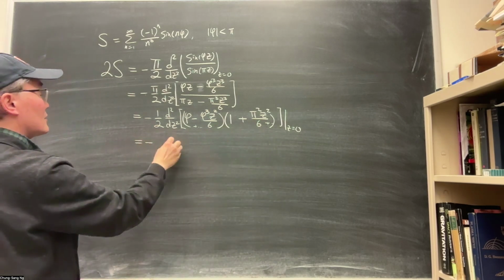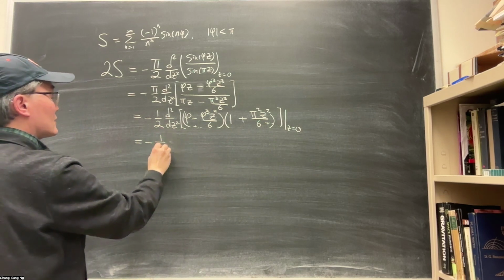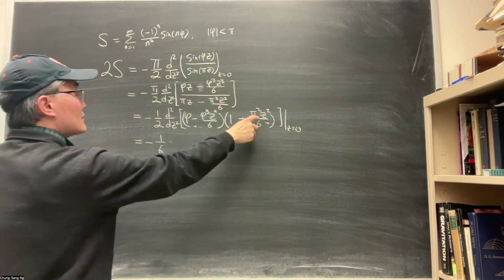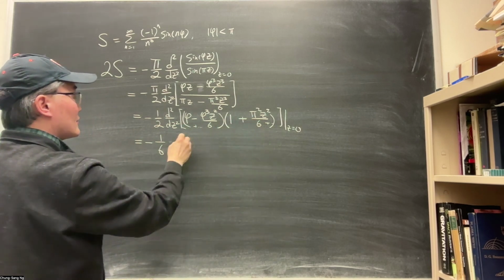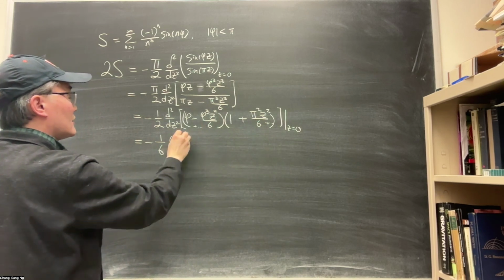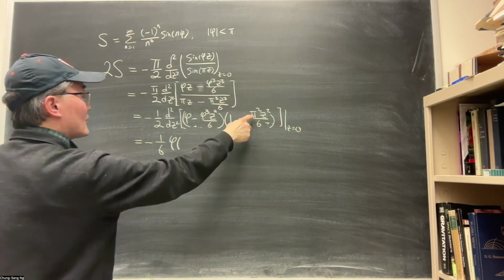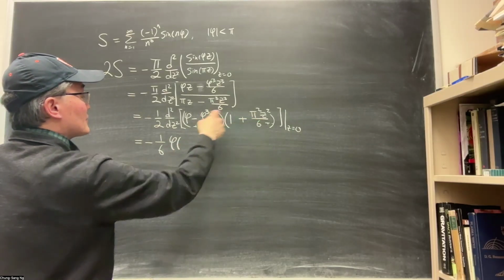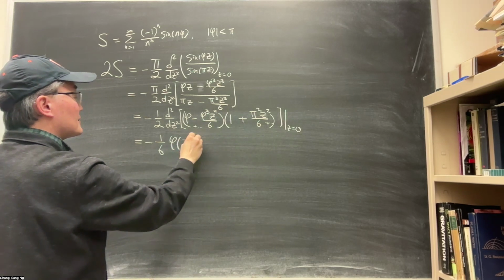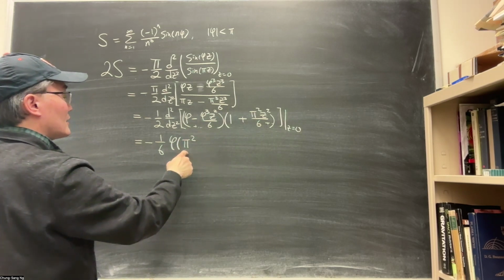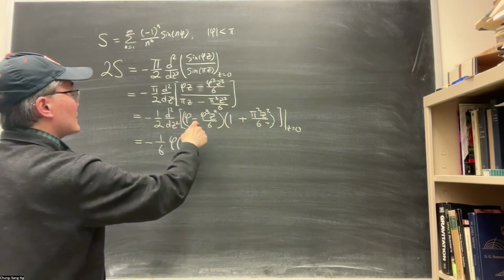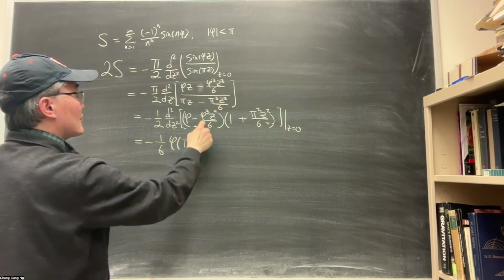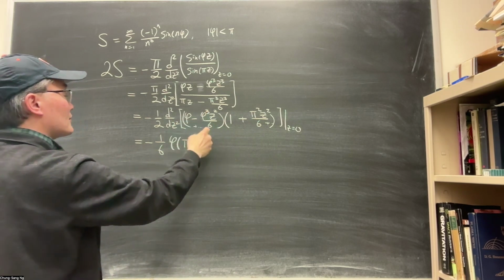So minus 1 over 6, just keeping the z squared term. Both have a pi, so you have pi, and then you have a pi squared from this one, and the other term has a minus pi squared, because in total it's pi cubed, so pi squared.